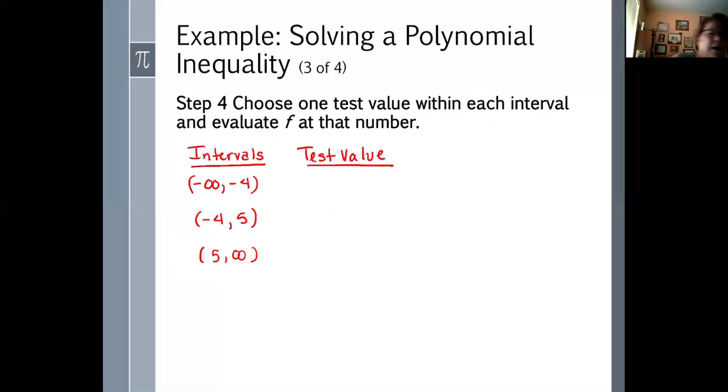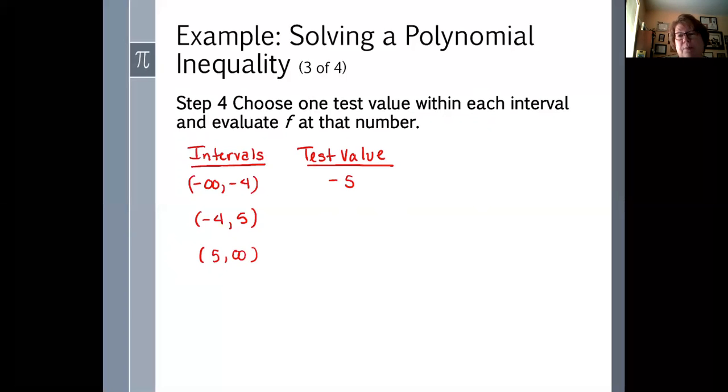So a test value in the interval from negative infinity to negative 4 would be any number less than negative 4, any number to the left of negative 4. So I could just choose negative 5.